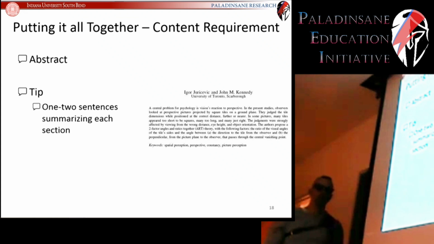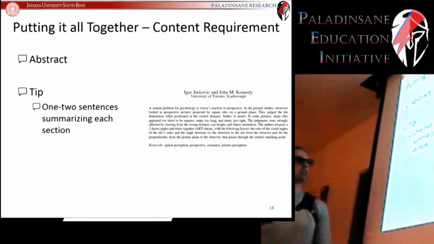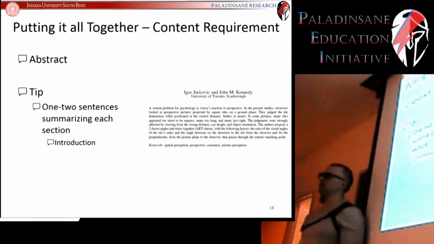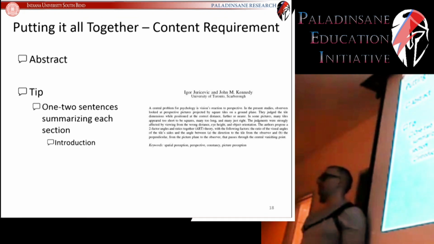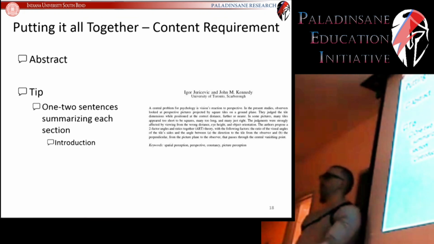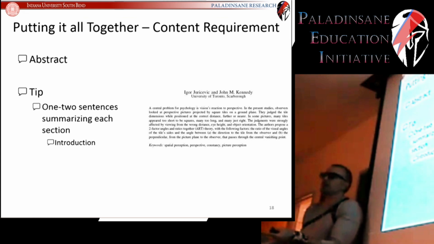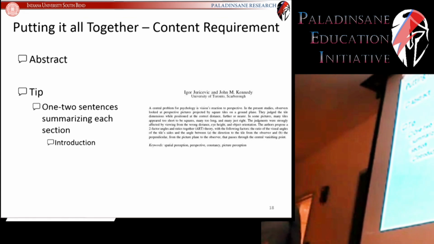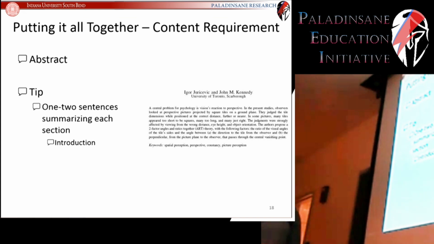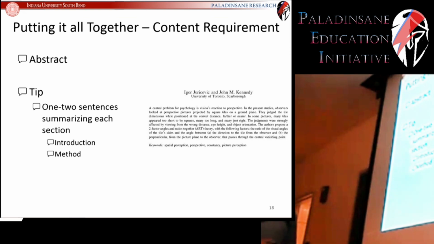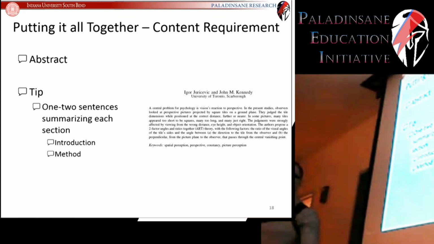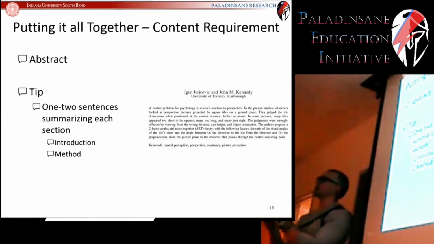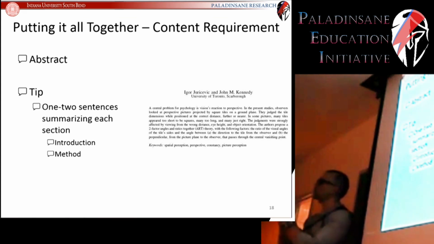So go to your introduction section and ask yourself, if you had to say in one sentence what your introduction is about, what would that be? If you absolutely can't do it, you can stretch it to two sentences. So one sentence for what your introduction is about, one to two sentences for your method. Again, ask yourself, in general, what did we do in the method? How can I summarize this in just one sentence?